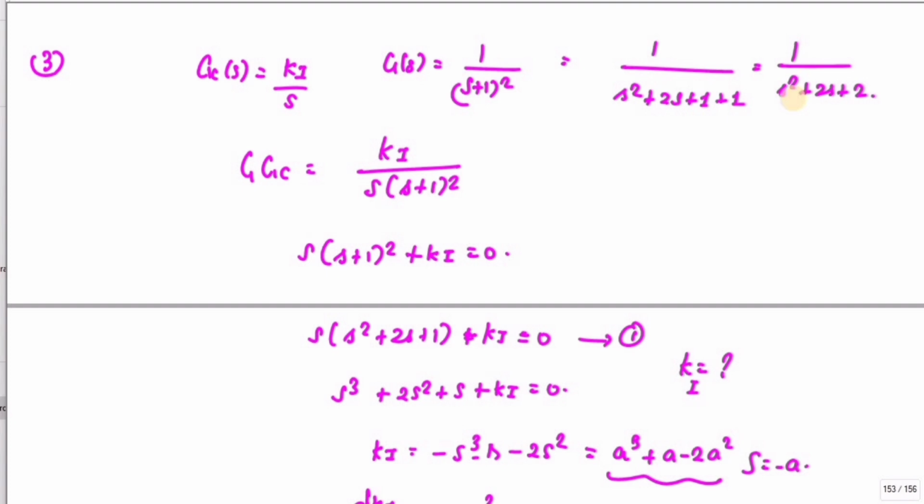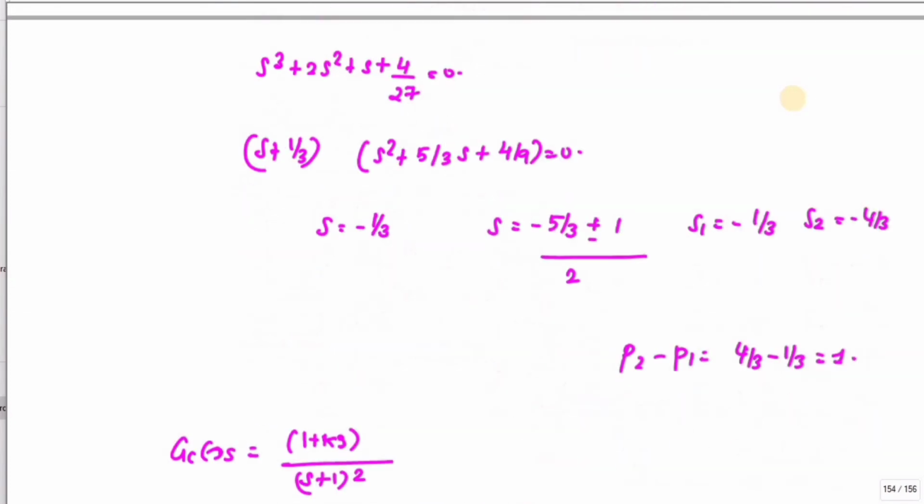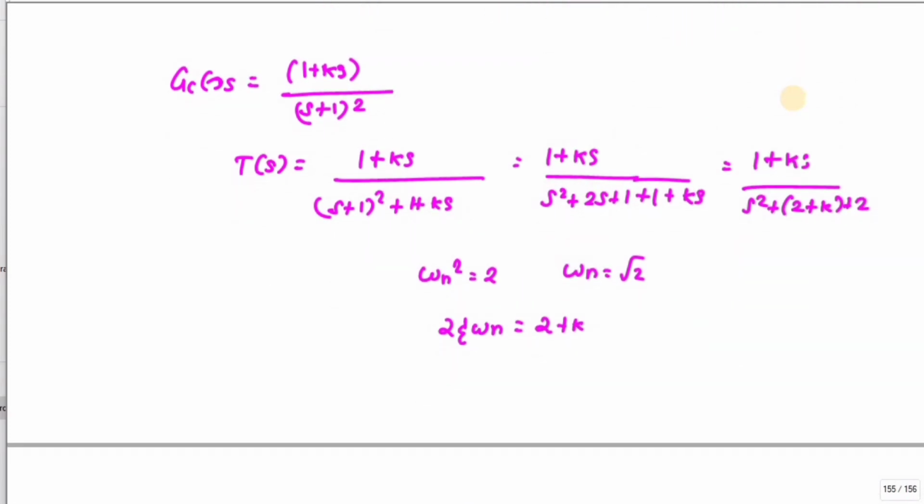So epsilon is equal to 2 plus 2 divided by 2 root 2, because k value is 2. So 4 divided by 4 root 2 is 2 root 2, is root 2.